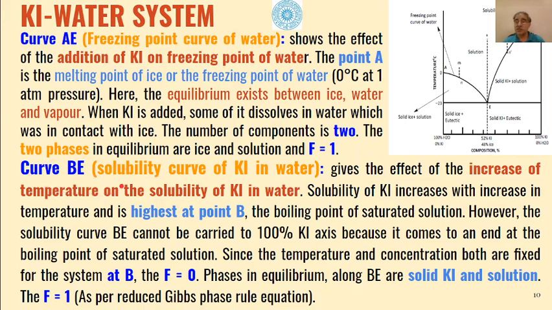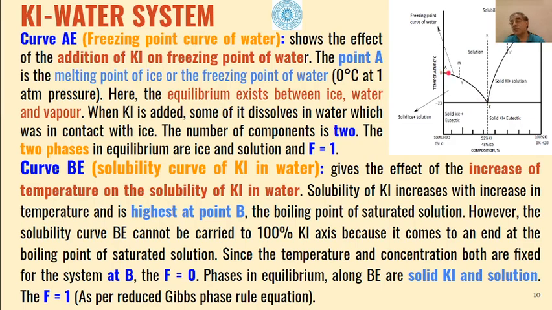So here you can see the freezing point curve of water, the temperature is 0 degree centigrade. So point A is the melting point of ice or freezing point of water. The temperature we know here is 0 degree centigrade and pressure is kept constant, that is 1 atmospheric pressure. Here the equilibrium exists between ice, water and vapor.